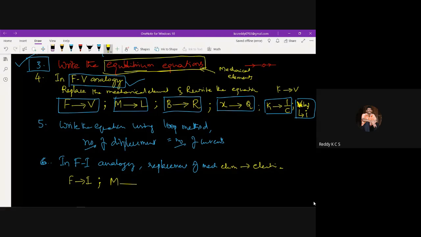Mass is replaced with capacitance, and friction is replaced with the reciprocal of resistance. The displacement x is replaced with flux in the case of the force-current analogy, and the spring constant k is replaced with 1 by L. Finally, velocity is replaced with voltage.